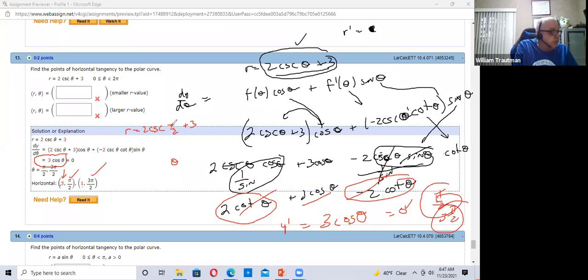Cosecant is 1 over sine. If sine is 1, 1 over 1 is still 1. So r equals 2 plus 3, r equals 5.